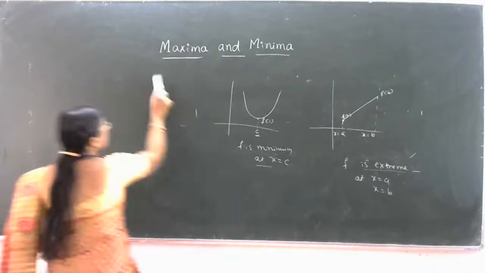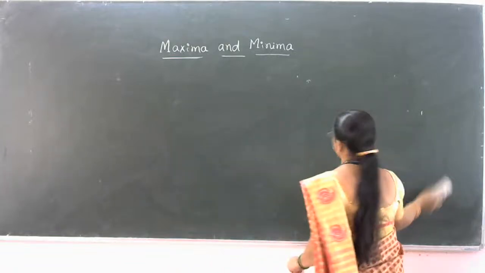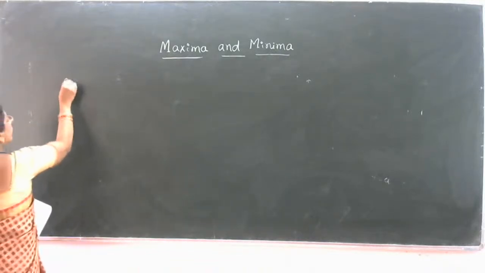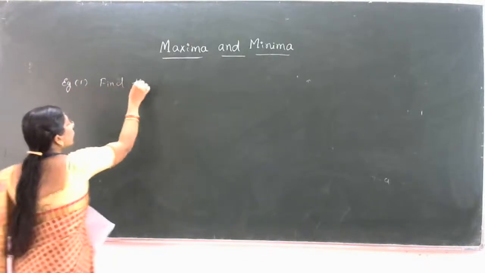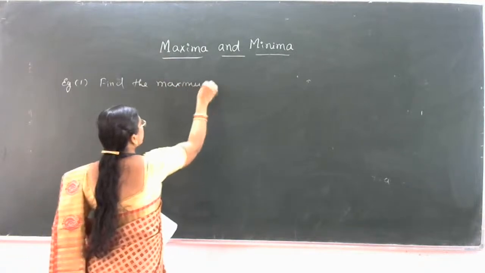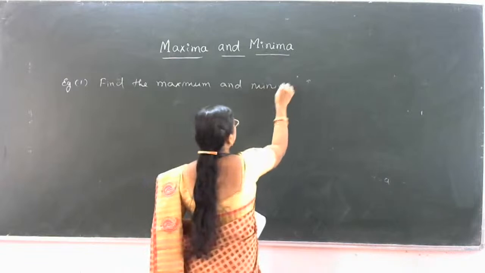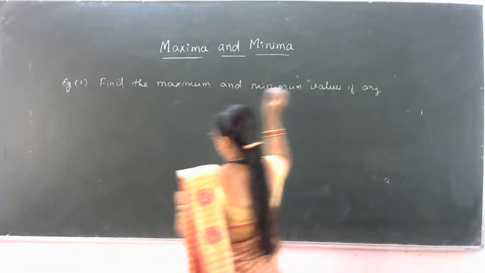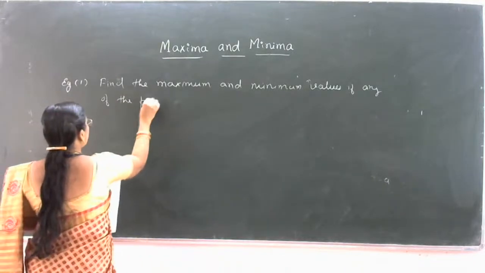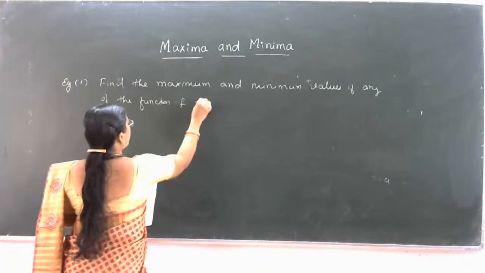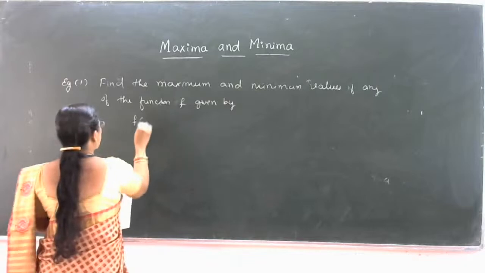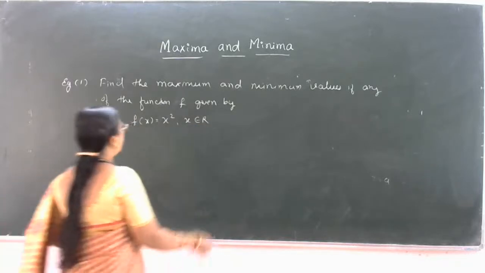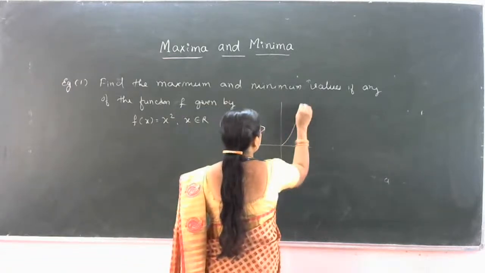Now to solve some problems. Find the maximum and minimum values, if any, of the function f given by f of x equal to x square, x belongs to R. Here you already know the graph of f of x equal to x square.